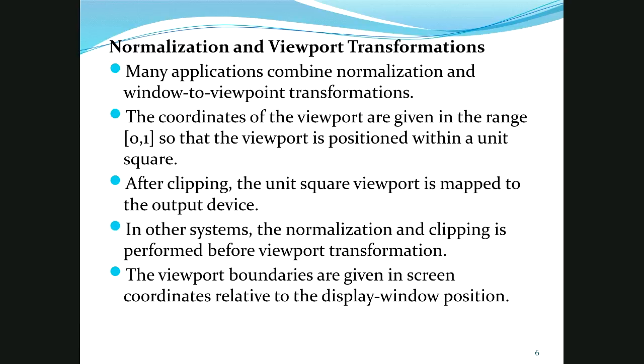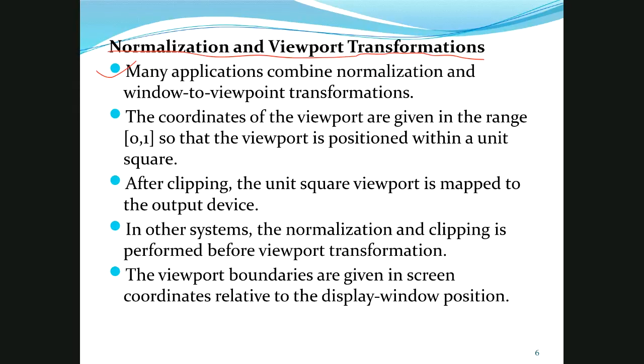Then normalization and viewport transformations. Let me discuss what a normalized transformation is and what a viewport transformation is. Normally, many applications combine the normalization and window to viewport transformations. Window to viewport transformation is seen in many applications in our graphics.